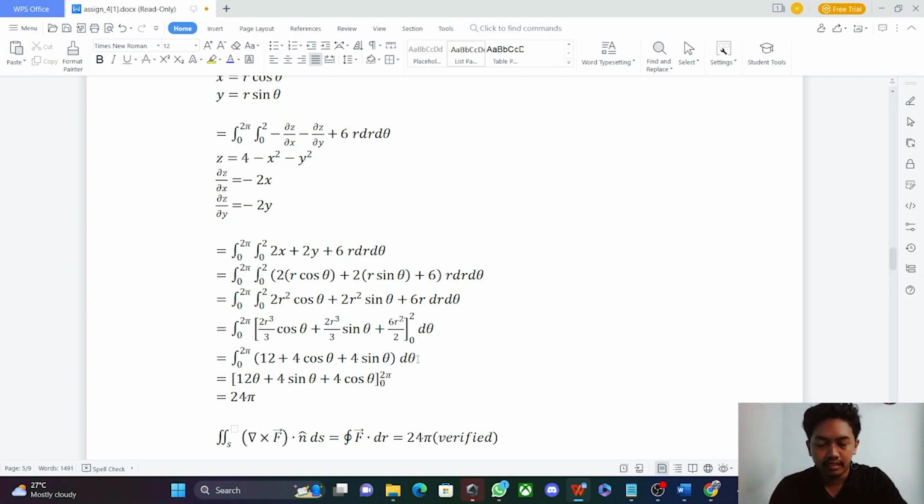Now we need to integrate d theta, and we got 12 theta plus 4 sin theta minus 4 cos theta, and the answer that we got is 24 pi. And lastly, we can verify that the answer is 24 pi. That's all from me. Thank you.